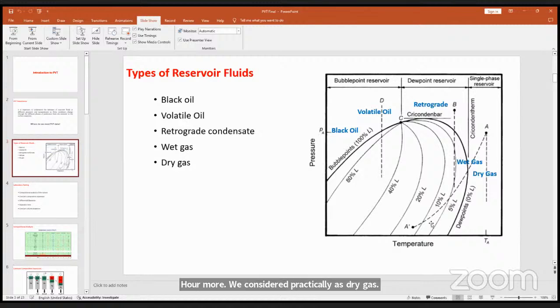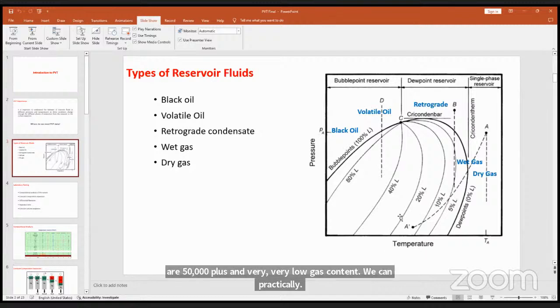If you have a gas condensate with a GOR of 50,000 plus and very, very low condensate content, we can practically treat it as a wet gas.